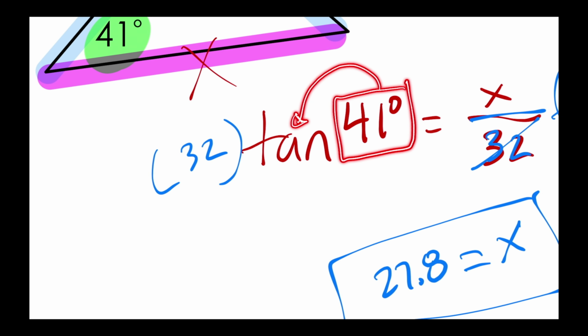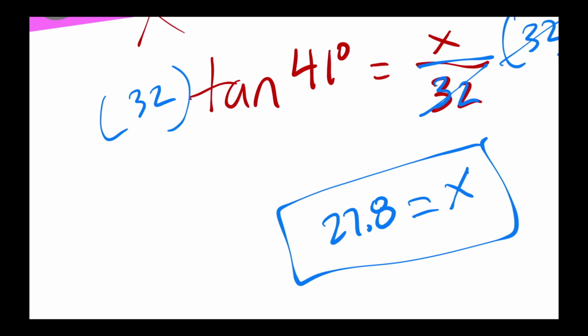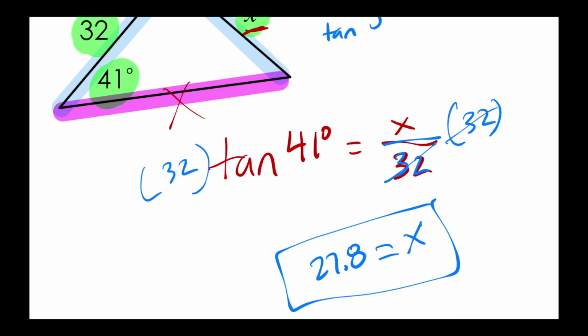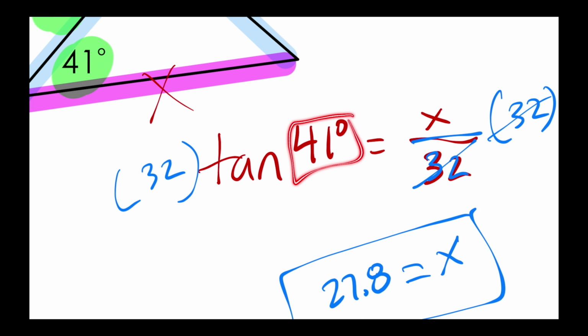Once you get that decimal, you put times 32 equals, and then you'll get your answer. There are some fancier calculators where you can just type it in like this, tangent 41 times 32, exactly as written. But on your phone calculator, you put in 41, hit tan, and it gives you a decimal, then times 32, and it gives you 27.8.